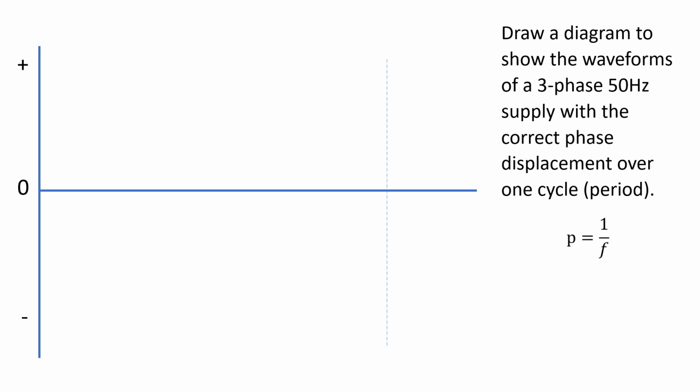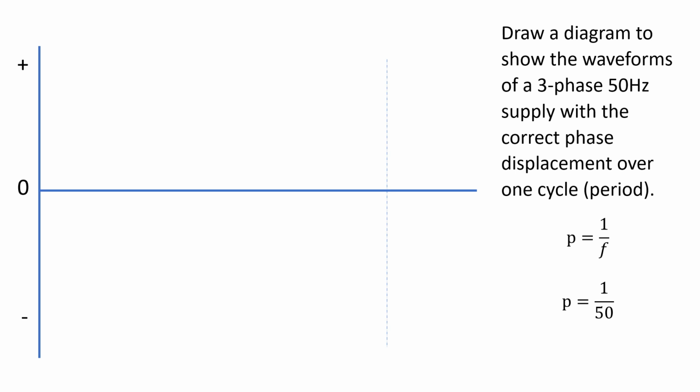So a little bit of maths involved. What they're talking about here, one cycle is one period, as they call it now, or periodic time. So that's what I'm going to be fitting into this gap here. It's one time period. Now the time period can be found by using this formula. P is 1 over F, where P is the time period in seconds, F is the frequency in hertz. And so your frequency is 50 Hertz.